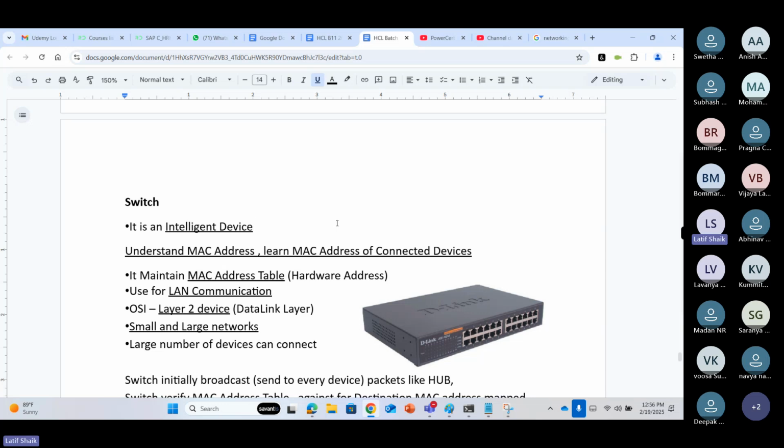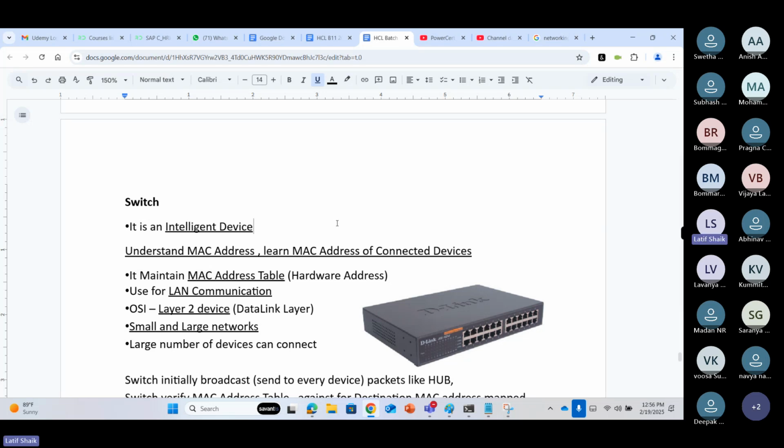Switches are used for LAN communication. As per the OSI model, a switch is a layer 2 device, the data link layer. Switches are used for both small as well as large networks.